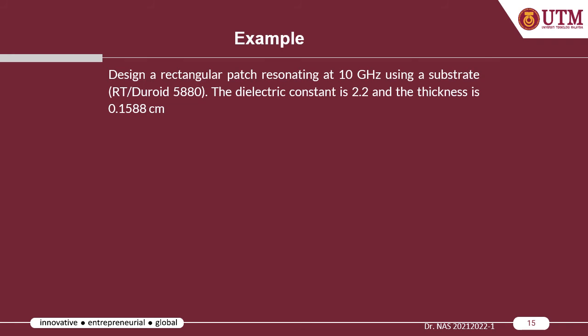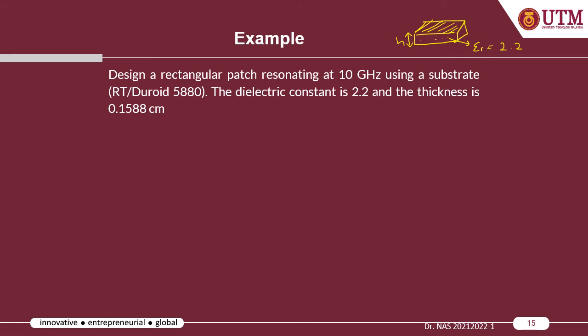So you have the patch structure, and then you have the substrate. The substrate material has a dielectric constant of 2.2 and its thickness h equals 0.1588.